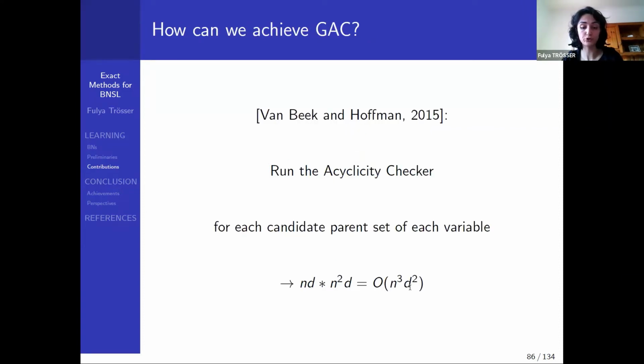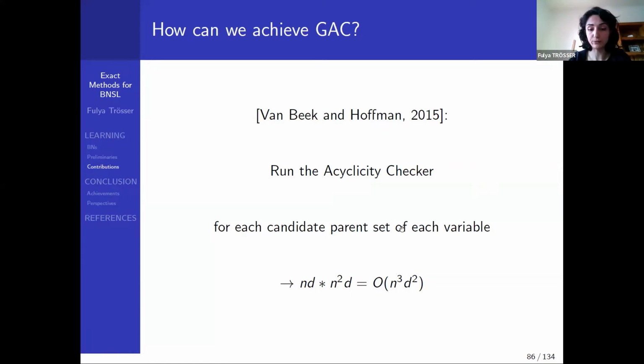Ramik and Hoffman observed that it is possible to achieve GAC by running the acyclicity checker for each candidate parent set of each variable, assuming at each time that it is the only candidate parent set that this variable has in its domain.